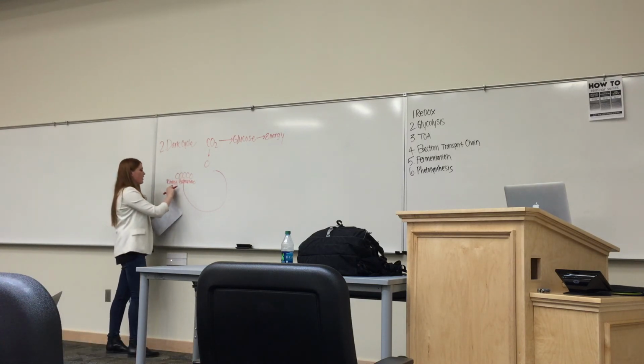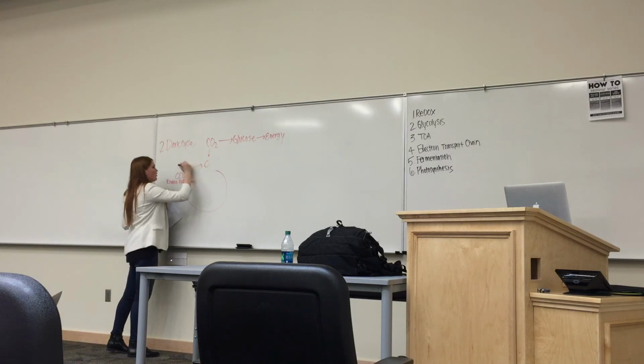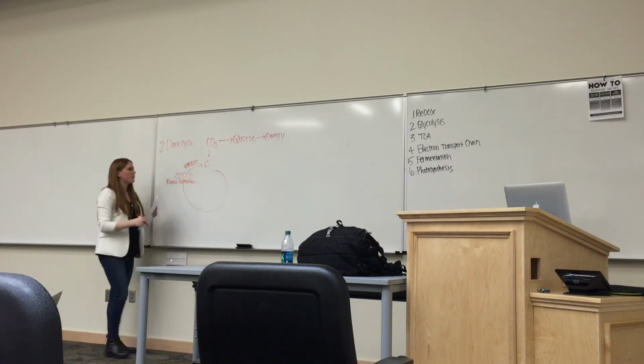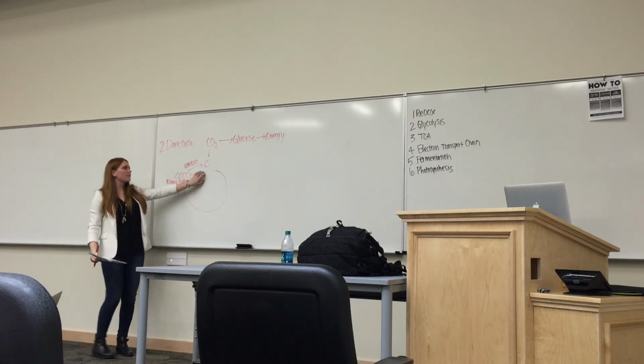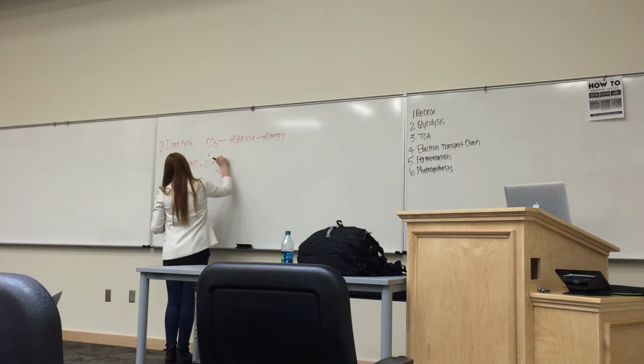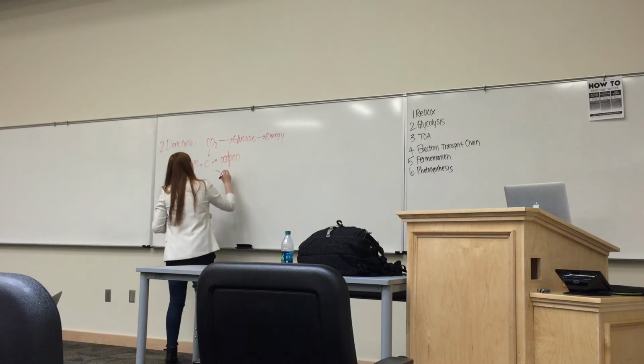But basically what's happening is there's this enzyme called rubisco, and it's this huge enzyme, and it will take this carbon from carbon dioxide and put it onto ribulose bisphosphate. So now we have 6 carbons, and then it will cut it in half.